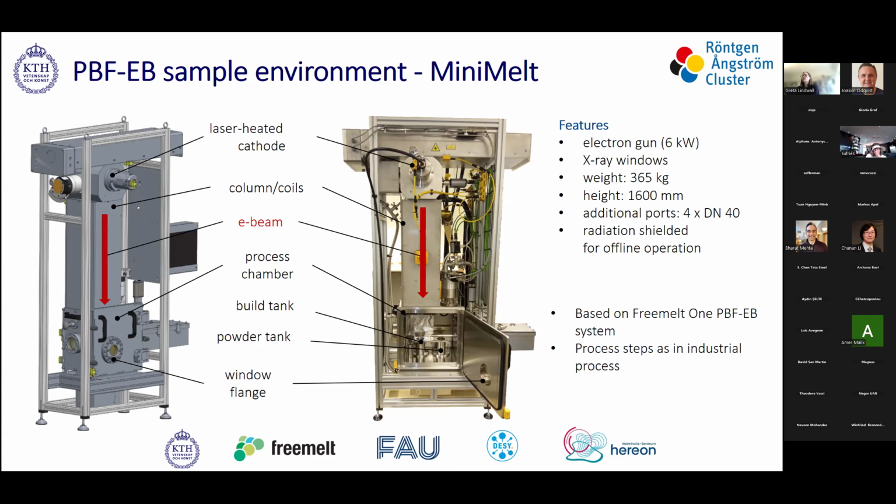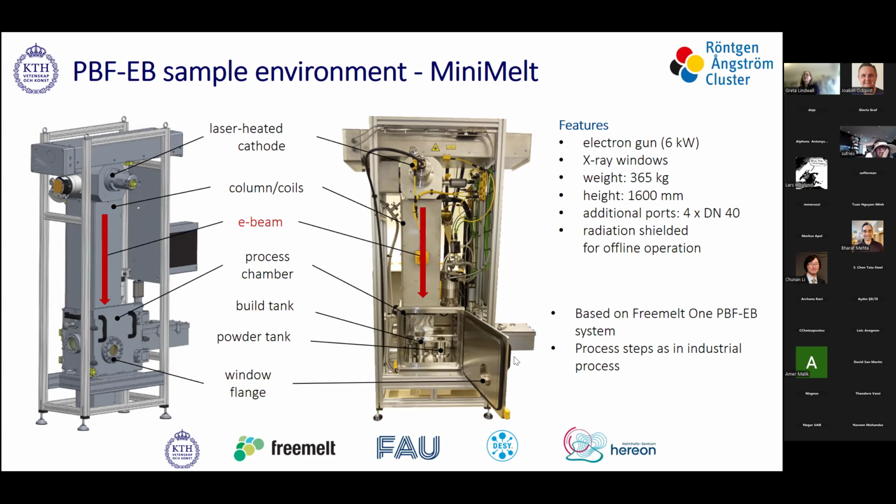So it has all the same process steps as the commercial machine, so that we can do operando measurements. The electron gun is exactly the same as in the Freemelt 1 system, but we had to do adjustments, or customize it, so that we can have it at beam lines.